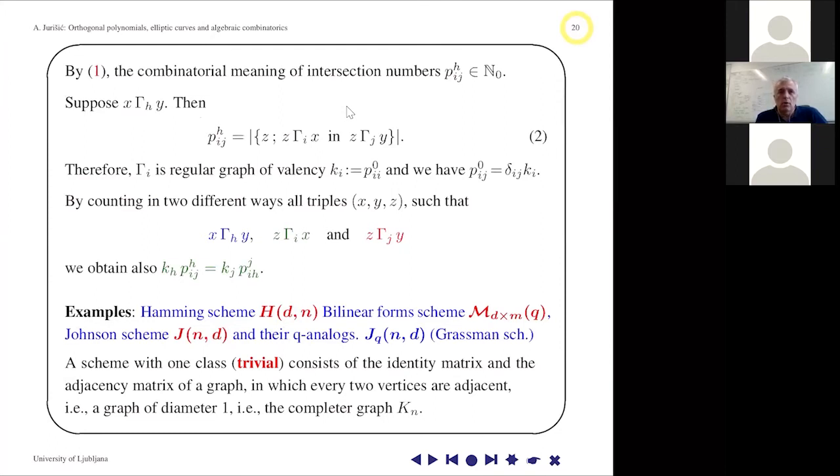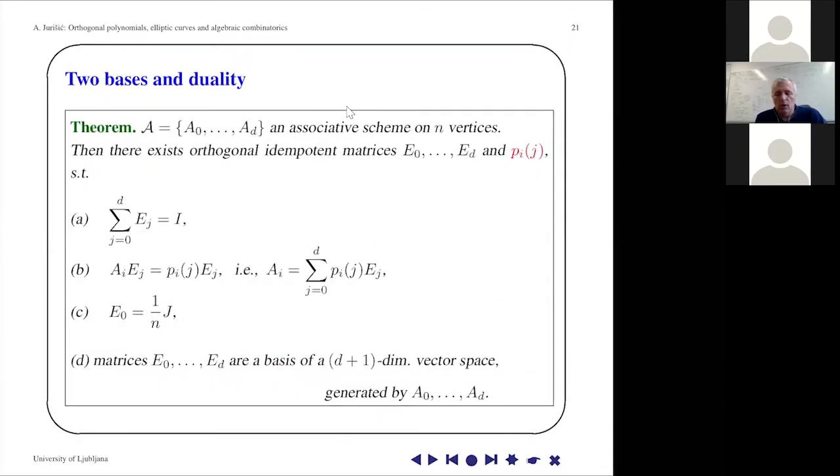They all actually also come from association schemes, but since we are all familiar with that, I'll skip this as well. But I'll point out that we do have the duality, because the orthogonal idempotents, the projections into eigenspaces, actually form another basis for this space that is generated by the matrices that represent relations in the association scheme.